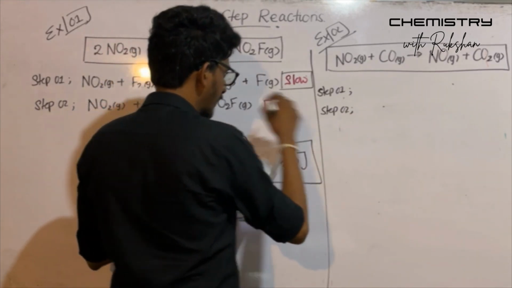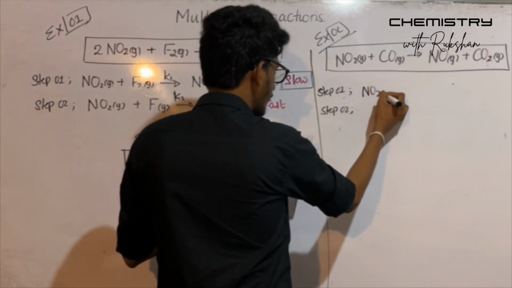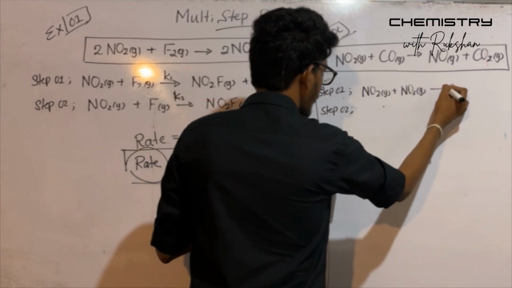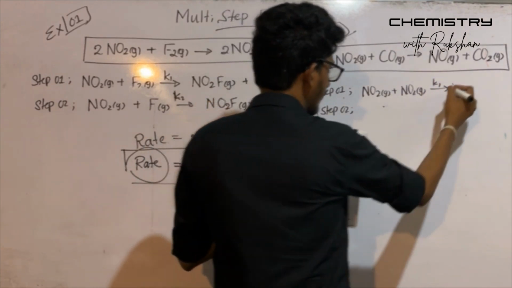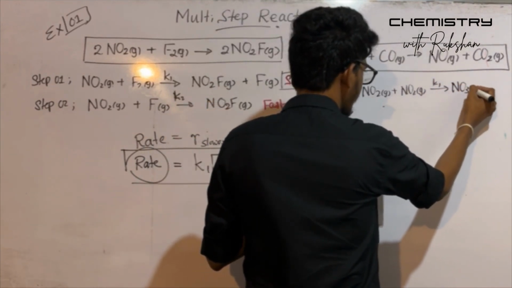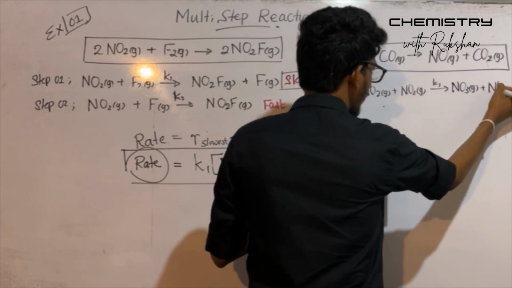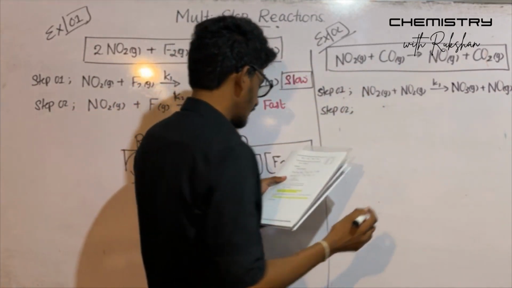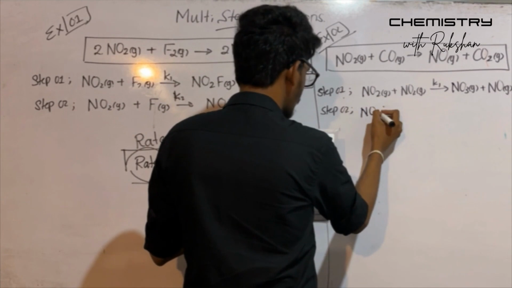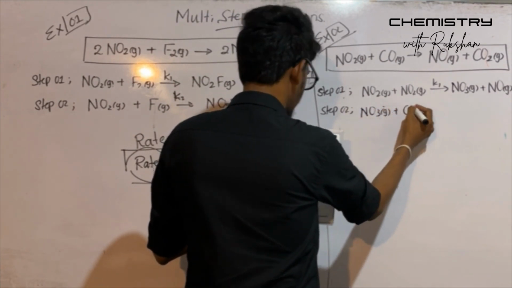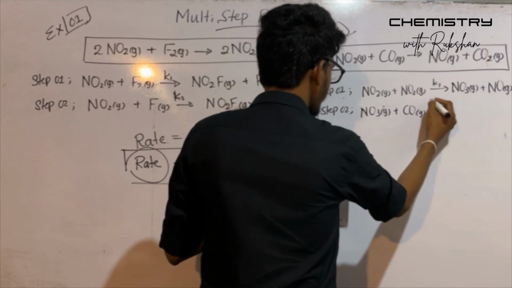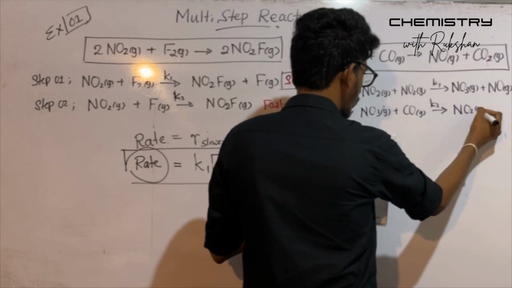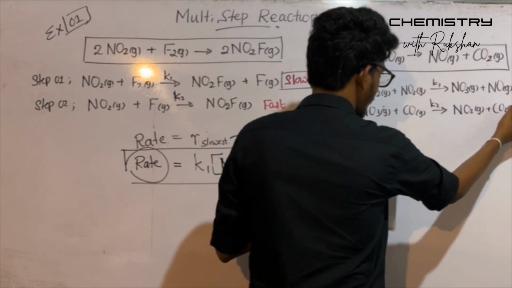Step 1 is like this: NO2 gas reacting with another NO2 gas with K1 is giving you NO3 gas plus NO gas. Then you have NO3 gas plus CO gas with K2 you are going to get NO2 gas and CO2 gas.